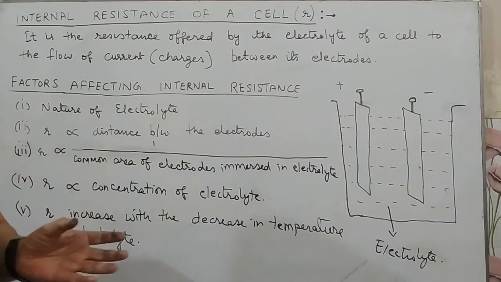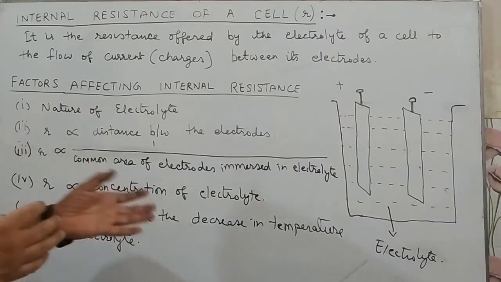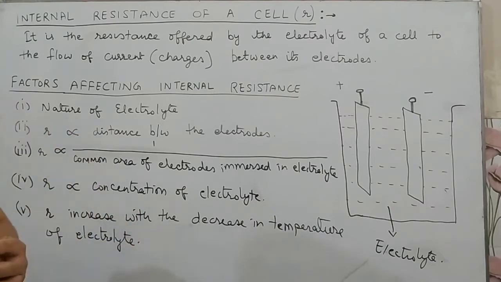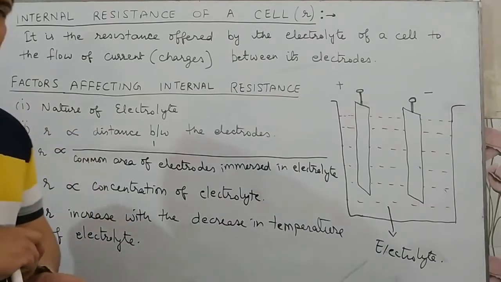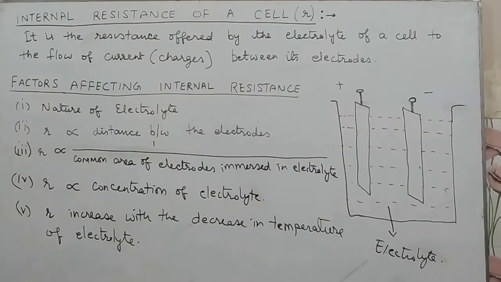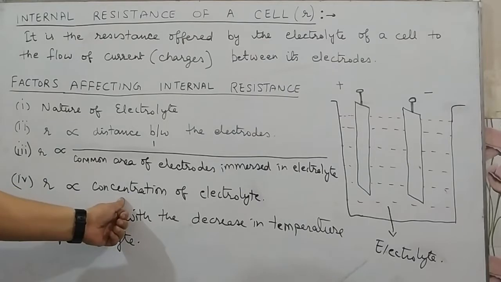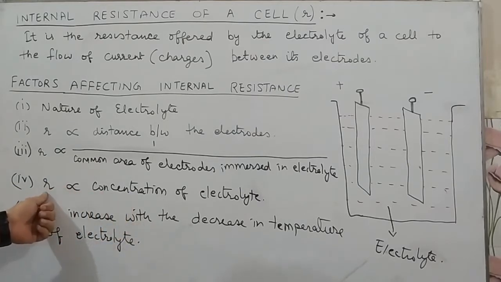Less concentration means the charges will move faster, and faster charges mean internal resistance is smaller. So basically you can say in simple language that dilution of the electrolyte gives more mobility to the charge carriers and hence internal resistance decreases. So r is directly proportional to the concentration. Lesser the concentration, less will be the internal resistance.